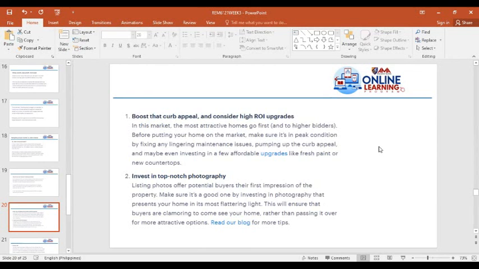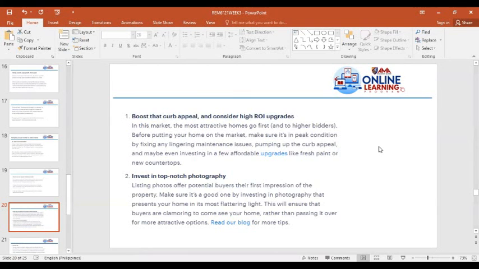Of course, you have to make sure your home will be more attractive to the buyer. So you need to repaint it. You have to undergo maintenance for your home before you put it on the market.